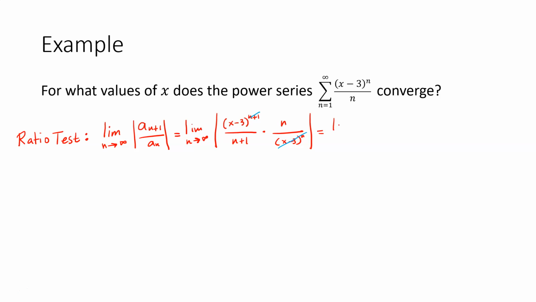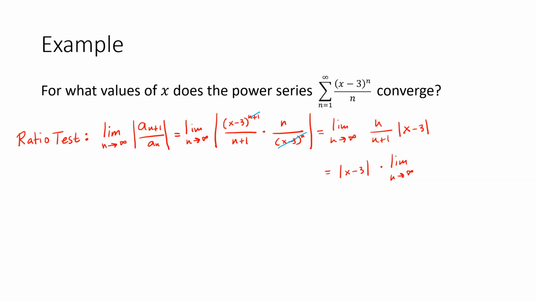So now I have the limit as n approaches infinity of n over n plus 1, and then here x minus 3, which we'll leave in absolute values. Okay, notice that x minus 3 here is constant relative to the limit. The limit is taking n to infinity. So essentially here the x minus 3 can be pulled aside while we consider this limit.